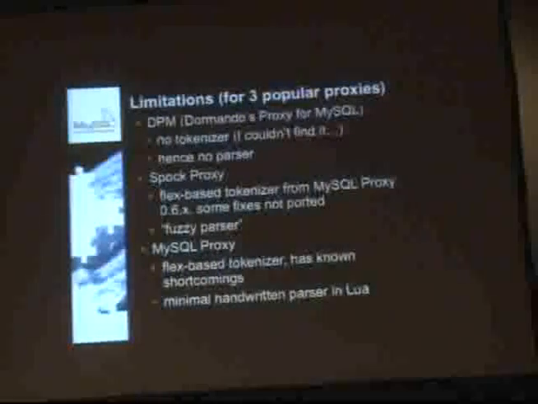The other one is Spock Proxy. As you might know, it's a fork of MySQL Proxy. They stripped out the lower layer, and they concentrate on sharding. So it's pretty special purpose, and since it's a fork of MySQL Proxy, they also inherited our flex-based tokenizer. But there are some fixes we did that they don't have yet, so you might want to watch out for them.